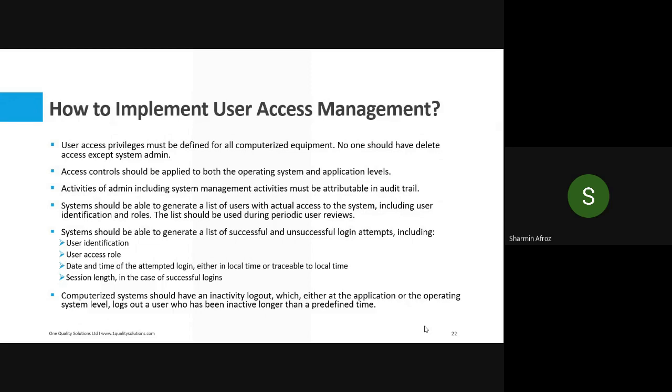Have you defined user access privileges for all your equipment? Do you perform periodic user access review? Okay, let's move to the next slide.